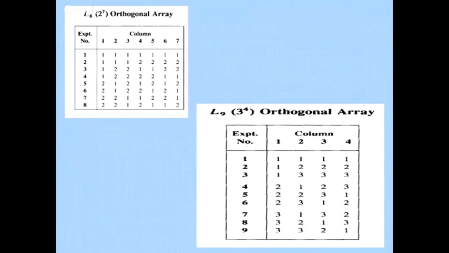Each column corresponds to one of the factors. And each row corresponds to the value of the input process parameters at which that experiment is to be conducted. Okay.